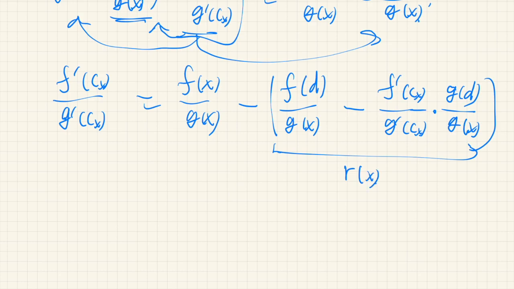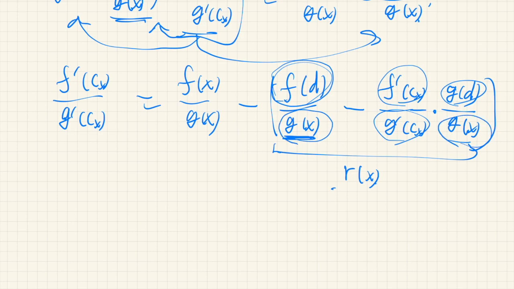Since we're assuming that g of x diverges to positive or negative infinity as x goes to a from the right, all these are constants, right? This is constant, this is constant, everything is constant except for g of x here. So g of x diverges to positive or negative infinity. That means this r of x converges to 0 because g of x is in the denominator.